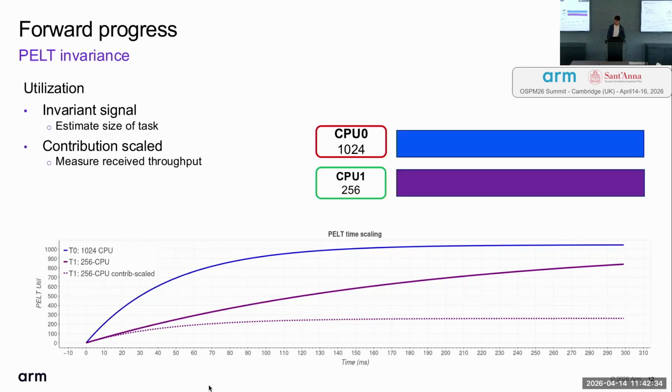The two plain lines are the PELT invariant signal. And the contribution-scaled PELT utilization, which is equivalent to a throughput measurement, is the dotted line, which is what the purple task is receiving on CPU1. CPU1 has a capacity of 256. The throughput is 256. So it works.